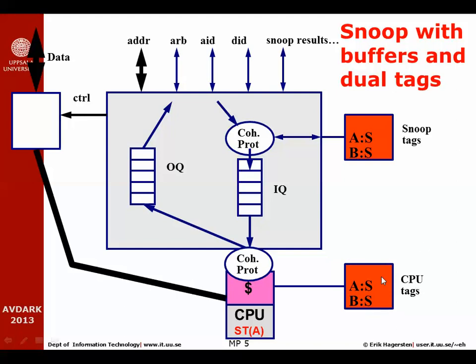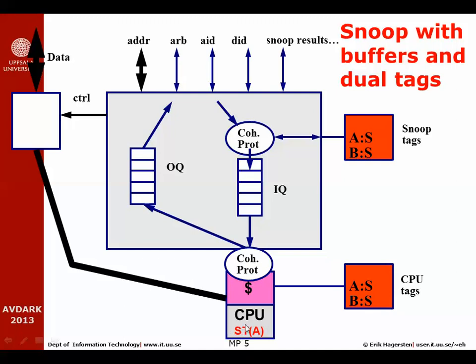So this is the cache where we have 2 different cache lines, cache line A and B, both in state shared, which means that the Snoop tags are also for A and B in state shared up here. So the coherence protocol will examine what kind of transaction the CPU wants to do.